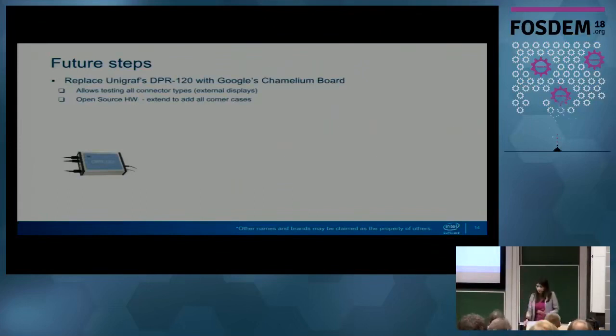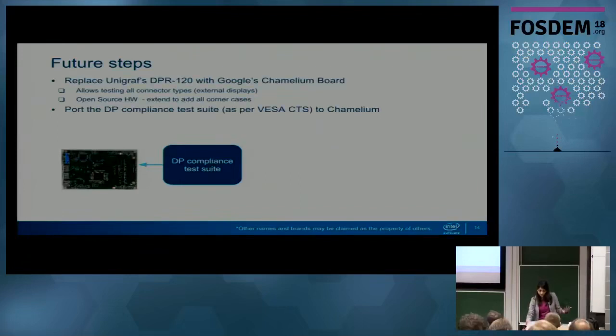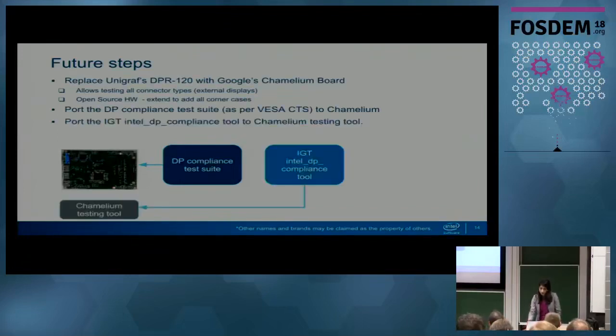Once we replace the DPR 120 with the Google Chameleon board, we would have to move the entire compliance test suite onto it, which is going to be a big effort because it has to be certified by VESA to say that this is a reliable test suite that you can run to say that the driver is DisplayPort compliant.